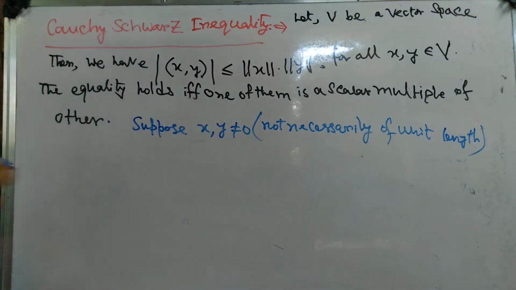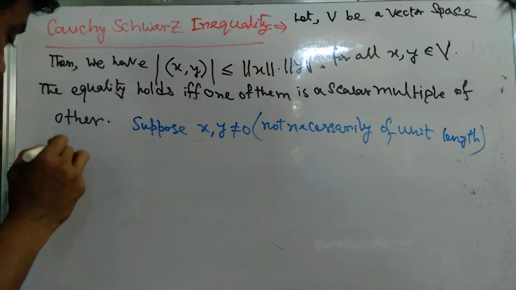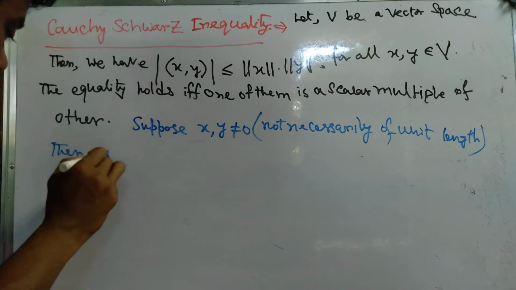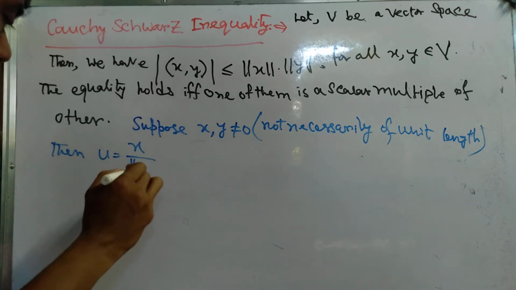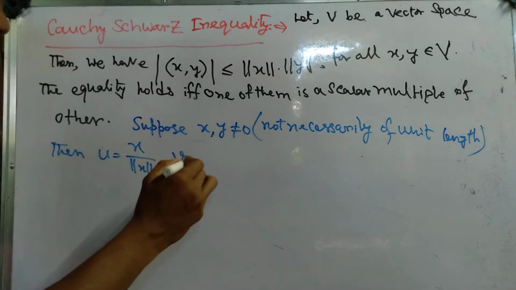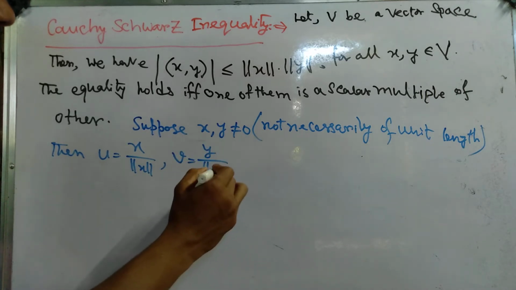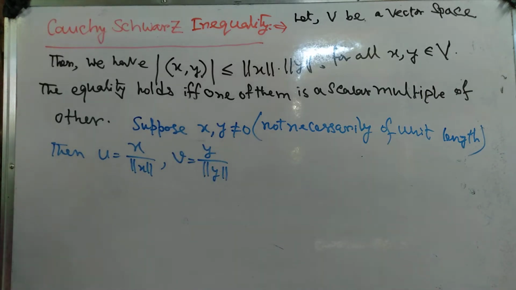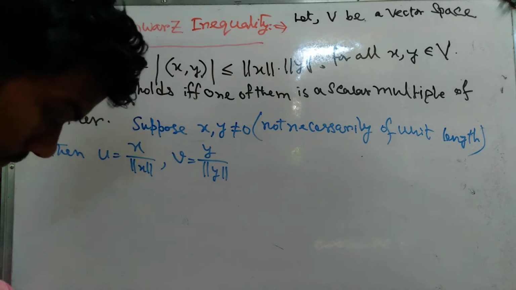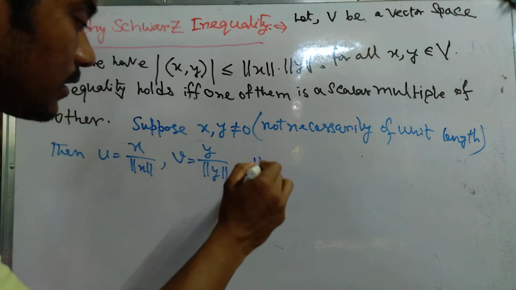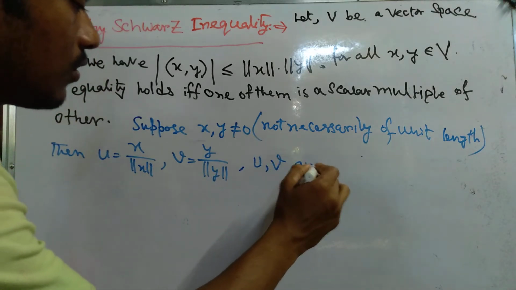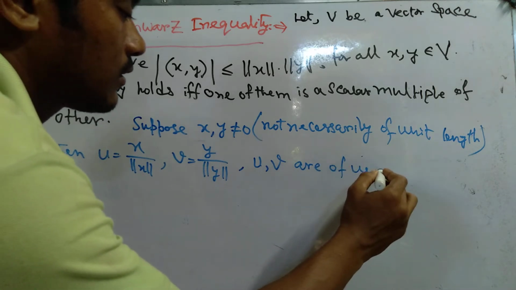Then we construct u equal to x over norm x and v equal to y over norm y. Then simply u and v are of unit length.